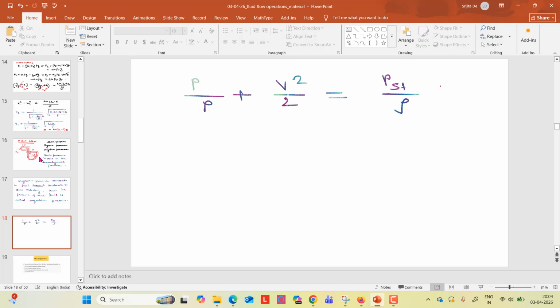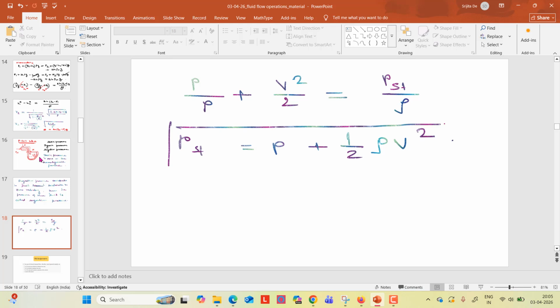Here at the stagnation pressure point there is literally no velocity, so V is also 0, and it is in the same plane, that is Z1 and Z2 will be equal. So here we can calculate the stagnation pressure: PST equals P plus half rho V square. So this is the pressure equation in the pitot tube.